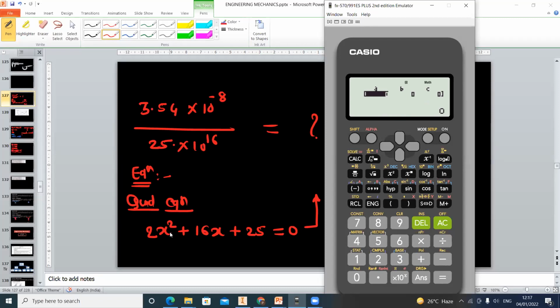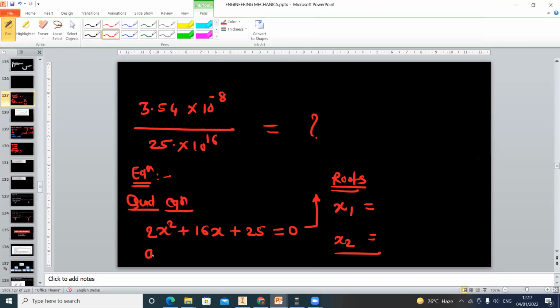Now we just have to enter the constant values, or the coefficients. The standard format is ax square plus bx plus c equal to 0.